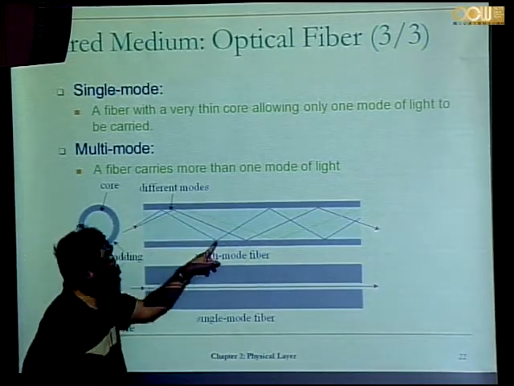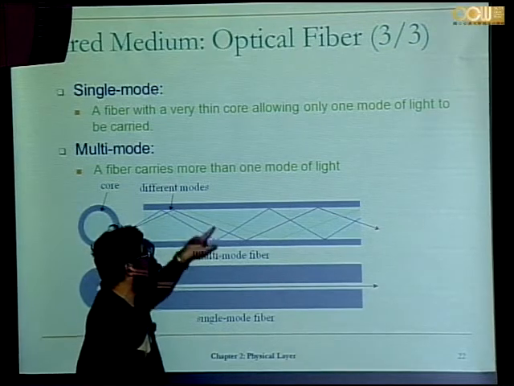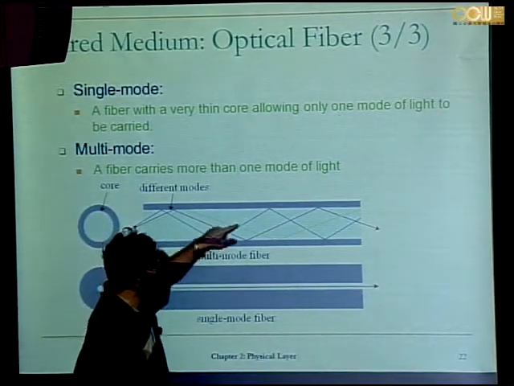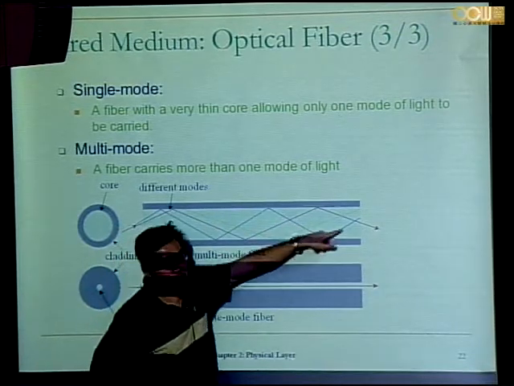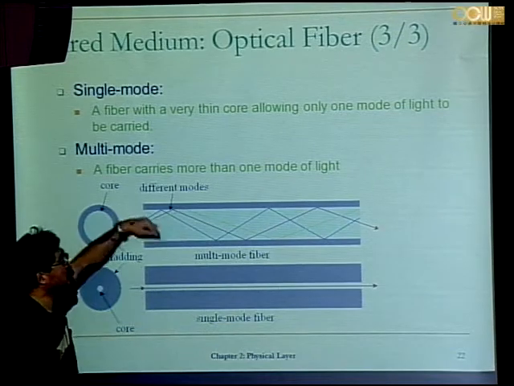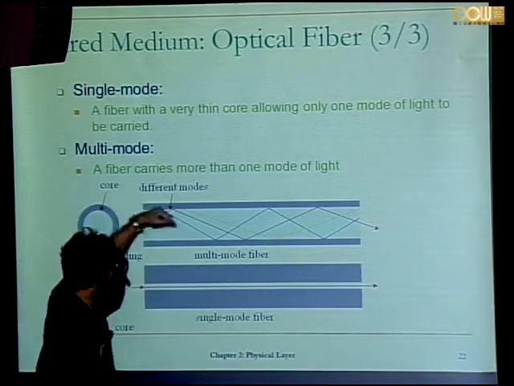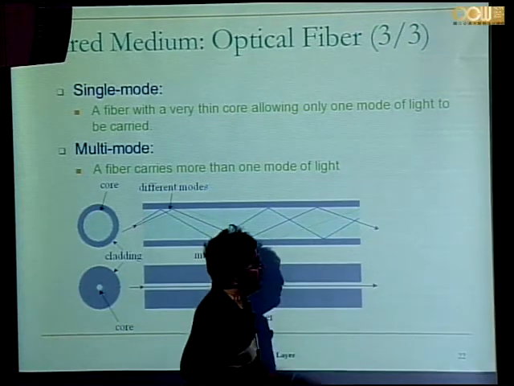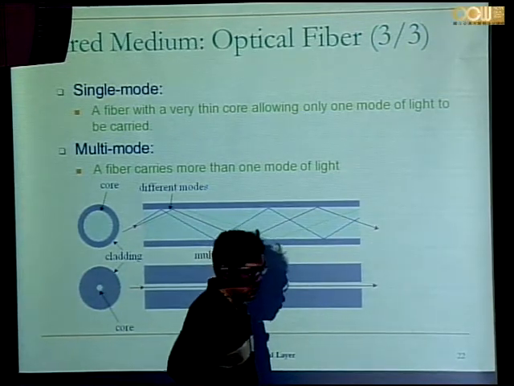And then here, because the angle is large enough, you have another internal reflection. So if this is thick enough, the signal will propagate through a series of internal reflections.